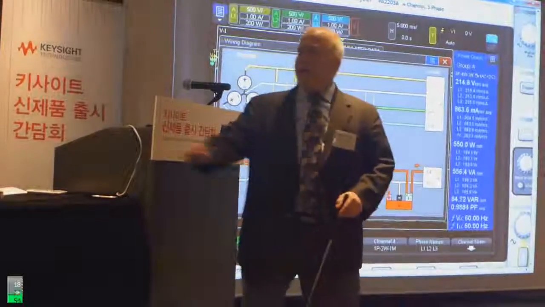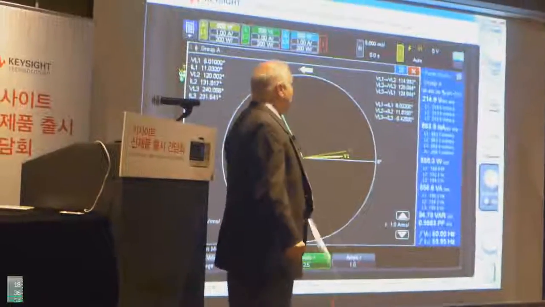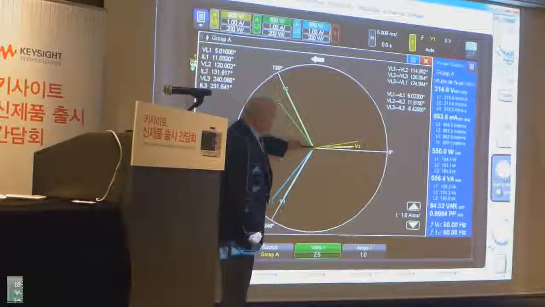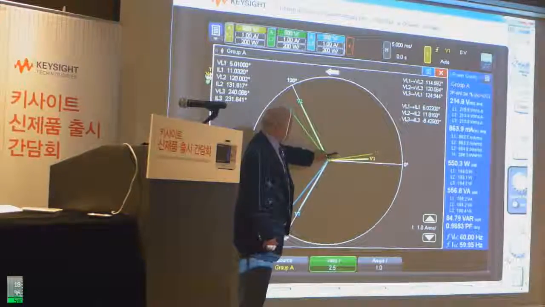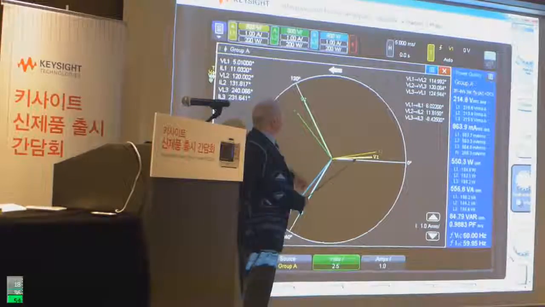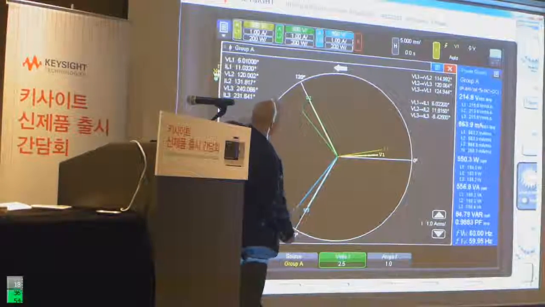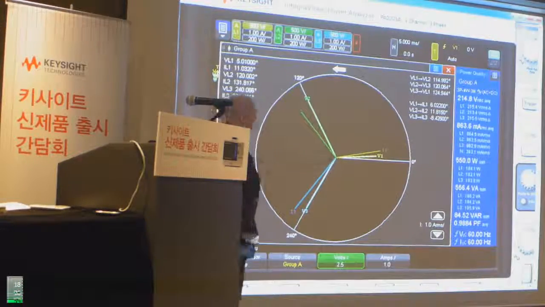To verify that, I hit the phasor button, and up comes the phasor diagram. And this tells me, as you can see, at 0 degrees, channel 1, yes, those look correct. At 120 degrees, channel 2, there's the voltage and current for channel 2, or the second phase. And at another 120 degrees, or 240, the voltage and current on that channel as well.